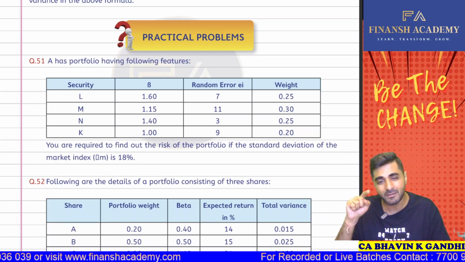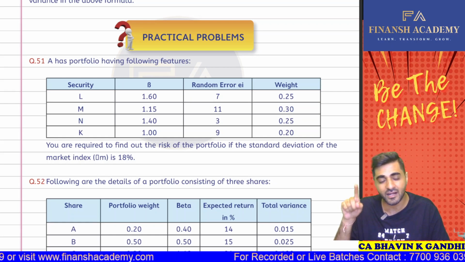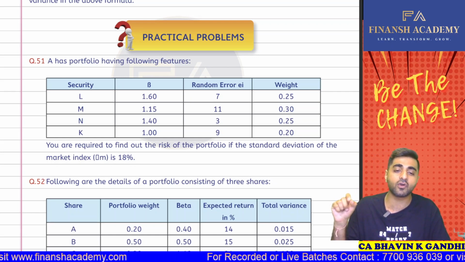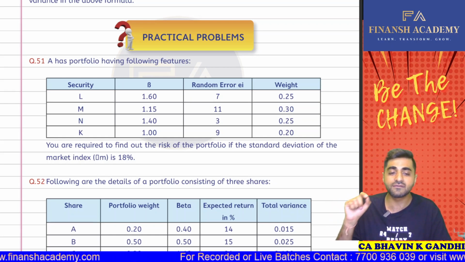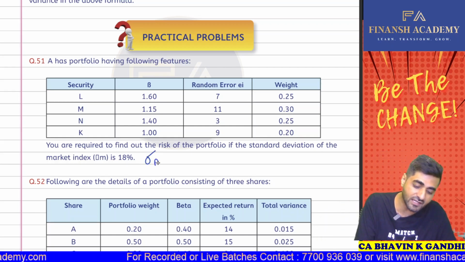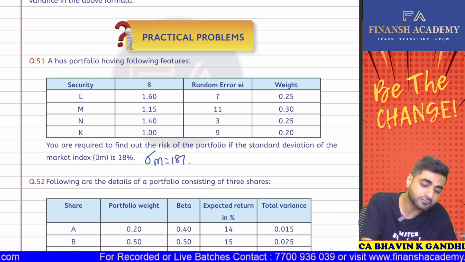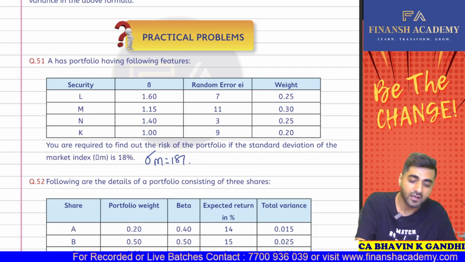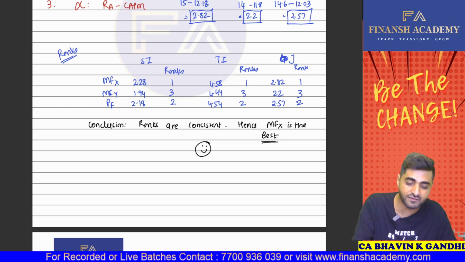So we have securities L, M, N, K, we have beta, we have random error, and then we have weights. You are required to find out the risk of the portfolio. If the standard deviation of the market index, so the risk of the market, is 18%. Okay. Now, my dear students, we need to do the calculations of this.